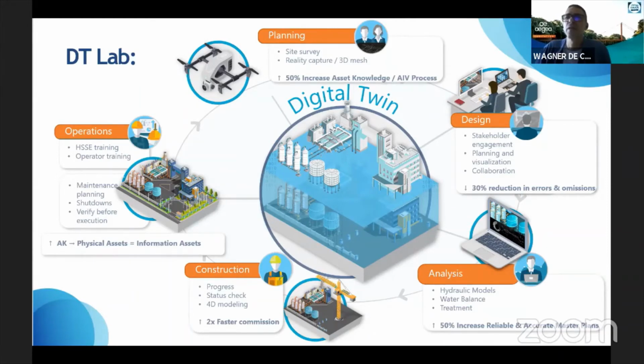In the construction phase, another key value that we are demonstrating is a commissioning phase two times faster, where we are transferring the complete built project as well as the digital twin model in detail to our operators team.